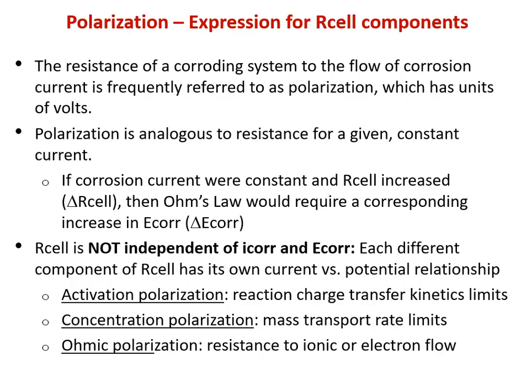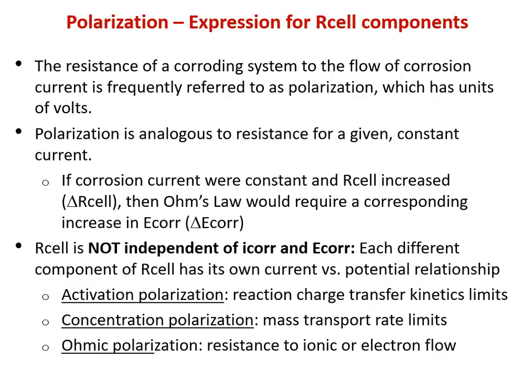It means the increase in corrosion potential, or the increase in potential of a half reaction, if we were flowing constant current, as a result of an increase in resistance. So polarization means higher resistance to current flow of any part of a corrosion reaction. So effectively, it's the potential analog to those R1, R2, R3 components of our cell resistance.